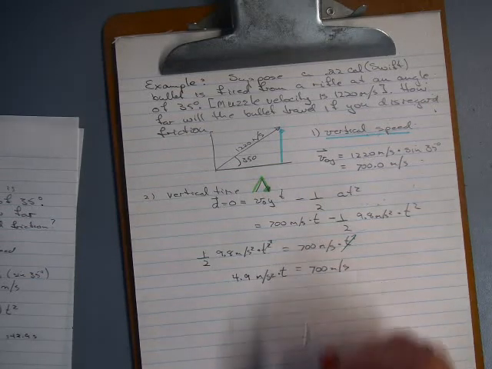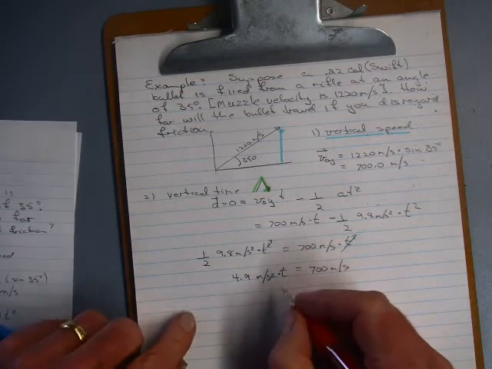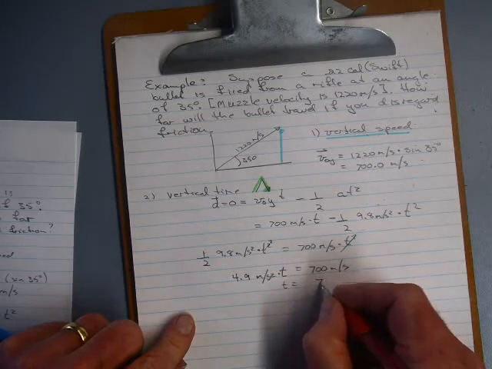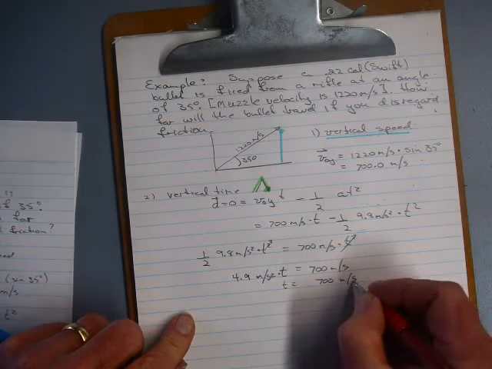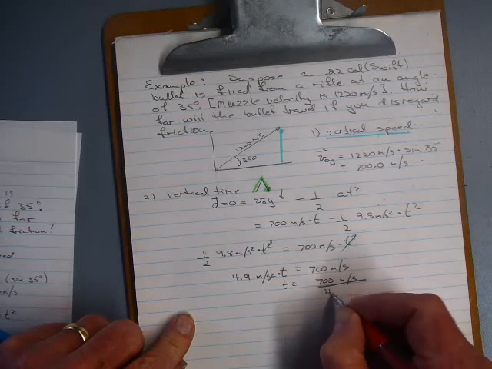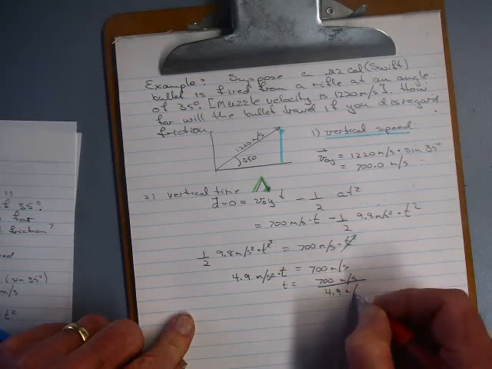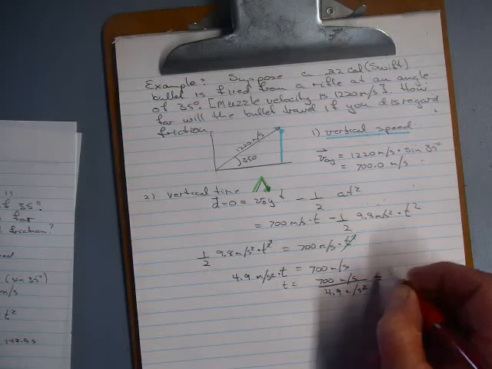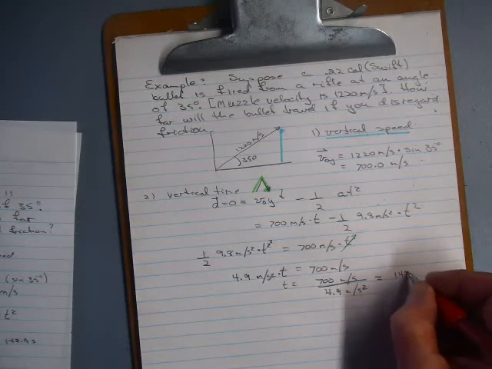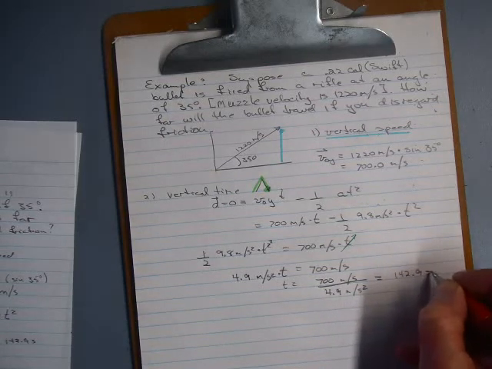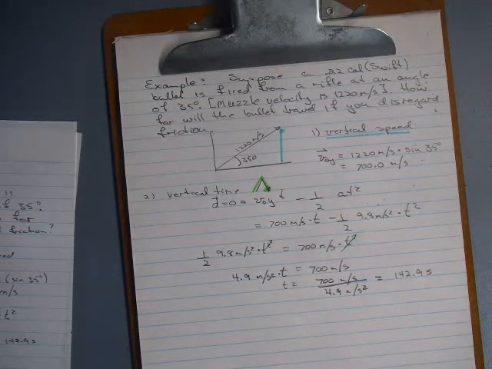So t is equal to 700 meters per second divided by 4.9 meters per second squared, and that comes out to 142.9 seconds. That's about 3 minutes in the air. Holy crap. Friction is our enemy.